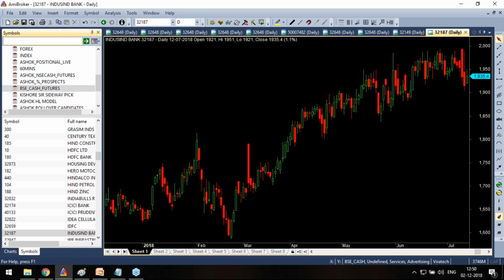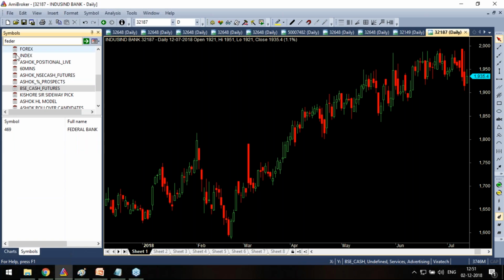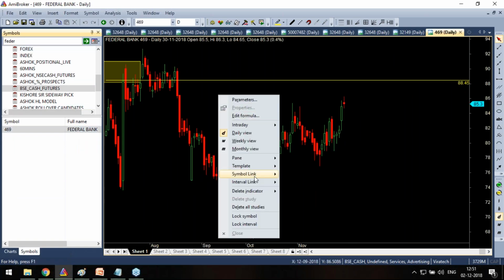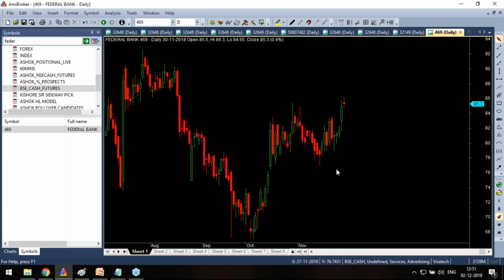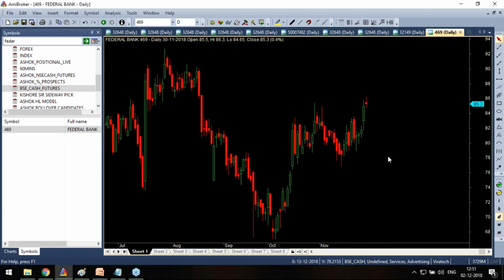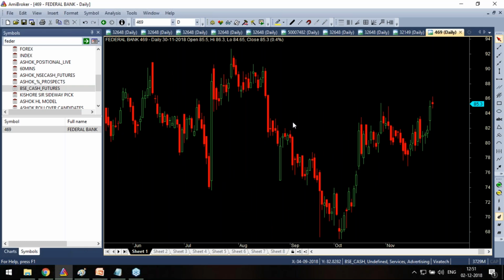Have a look at Federal Bank. Delete all studies. Okay. So here is Federal Bank. No, I don't see compression here. It's all a bit of congestion here.